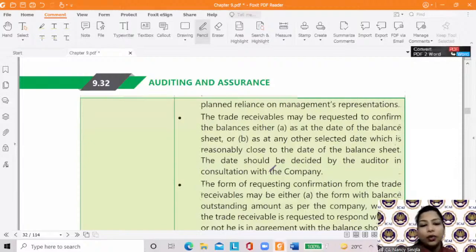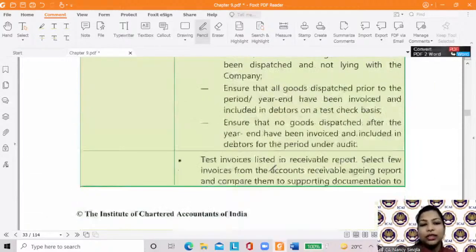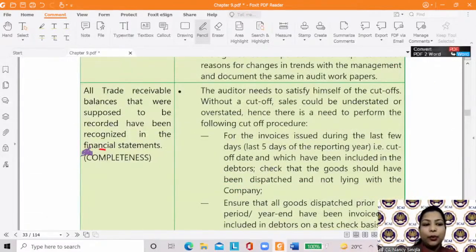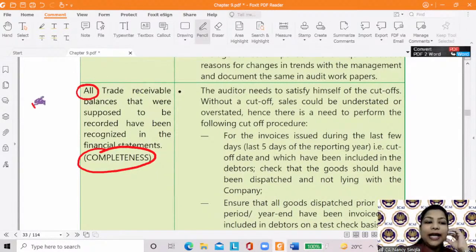Okay? Now, if the auditor has to consider the completeness, whether whatever debtors have been shown, whether these are complete or not, okay? And more specifically, whether all debtors related to the current period, that is cut off. So what all procedures auditor can perform? Okay?